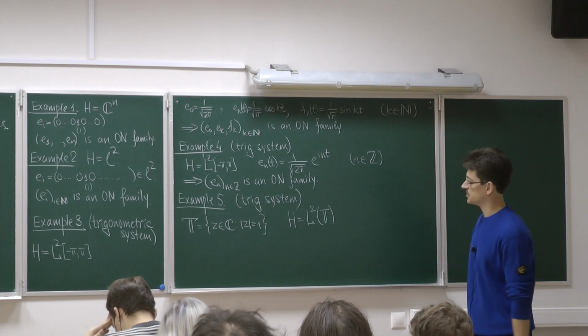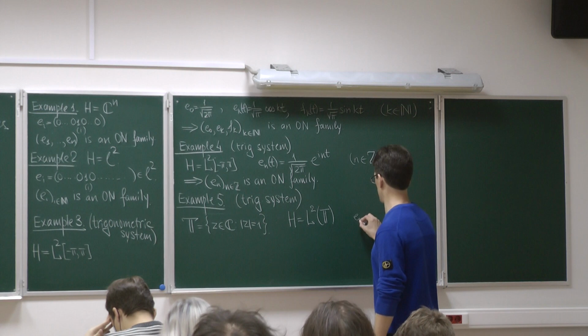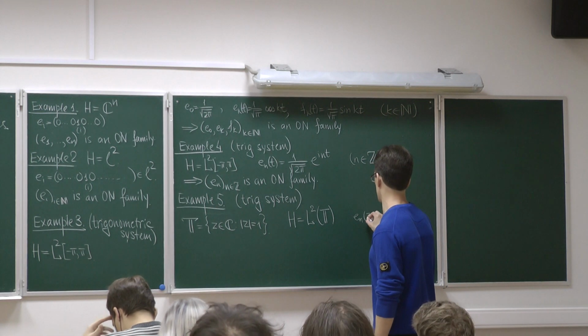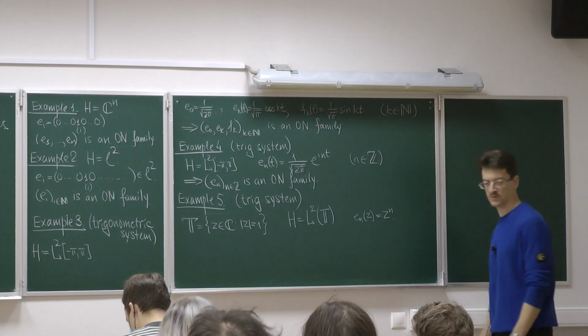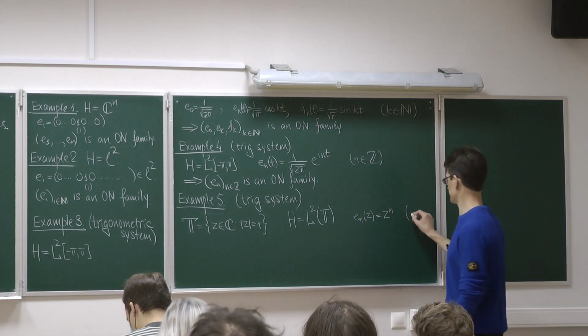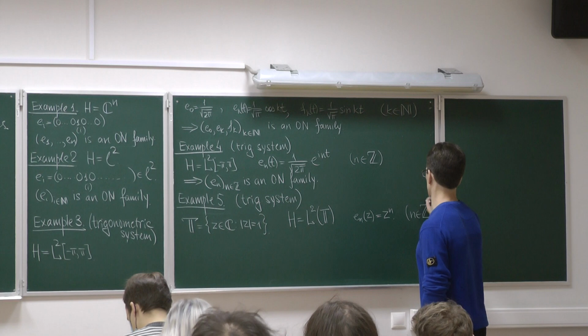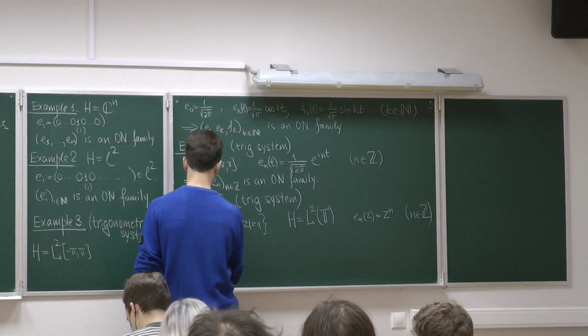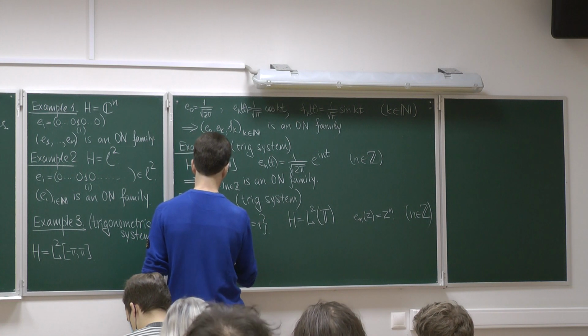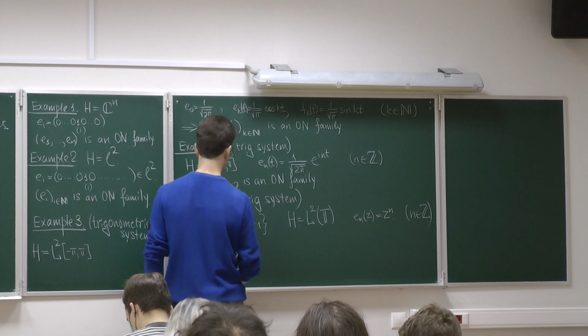And for each integer n, we define the function En by the following simple formula: z to the power n. Again, it's very easy to show that the resulting countable family is orthonormal.